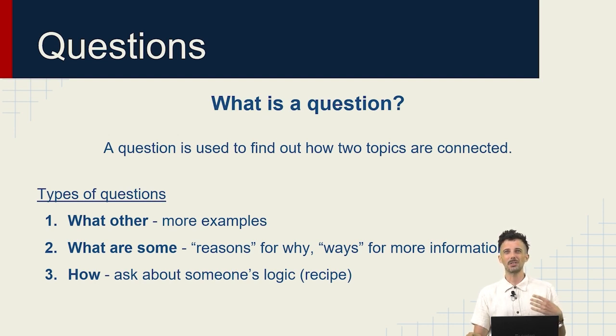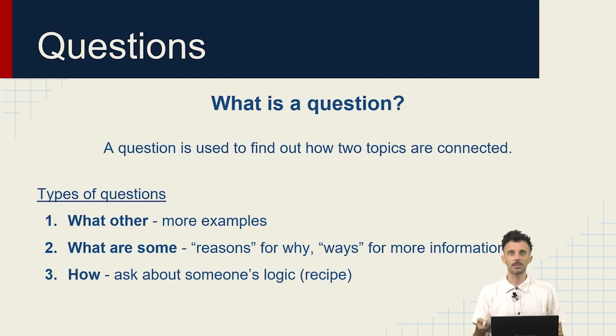What are some, you can use reasons or ways instead of why. You can even use this when asking follow-up questions. Instead of saying, why did you choose that? You can say, what are some reasons that brought you to that answer? And ways can just ask for more information about something. And how, I think of as getting to know someone's logic, their recipe, how they could do things step by step, okay?